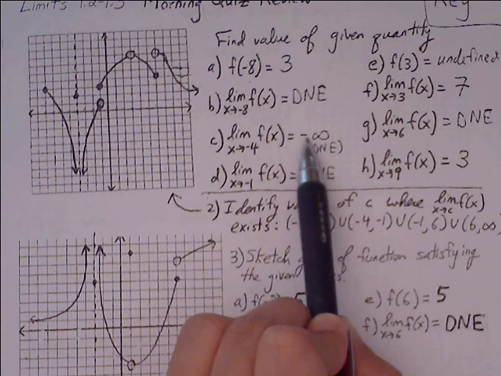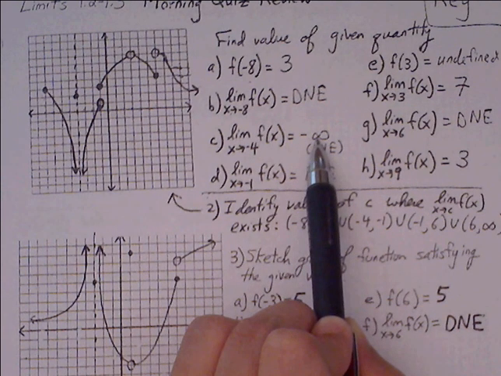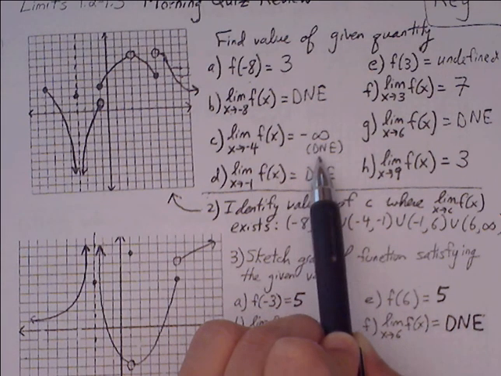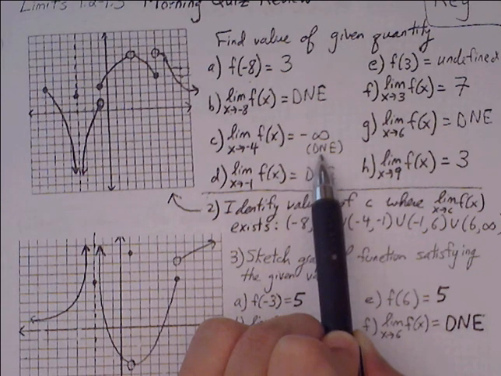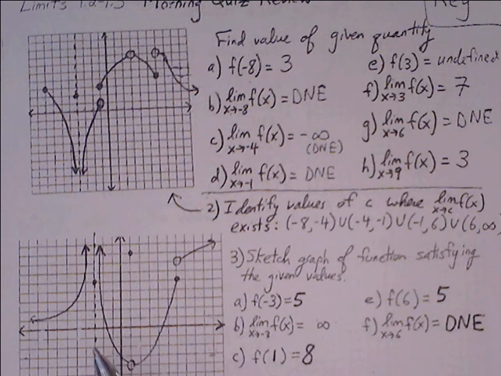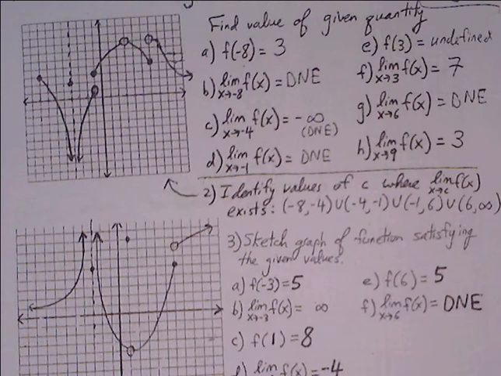It's more telling us the visual characteristic of the graph and giving more specific information as to why the limit doesn't exist, because there's an asymptote there, and the graph is approaching -infinity on either side of -4.